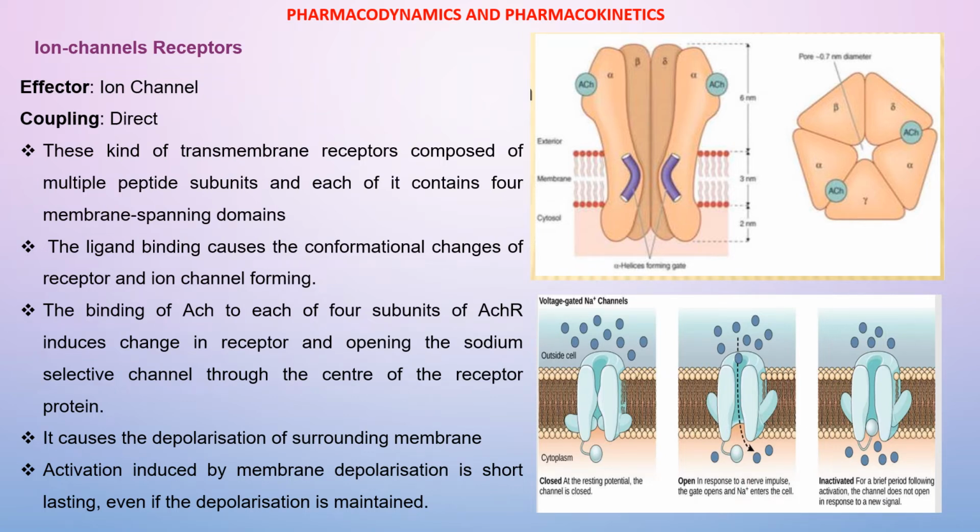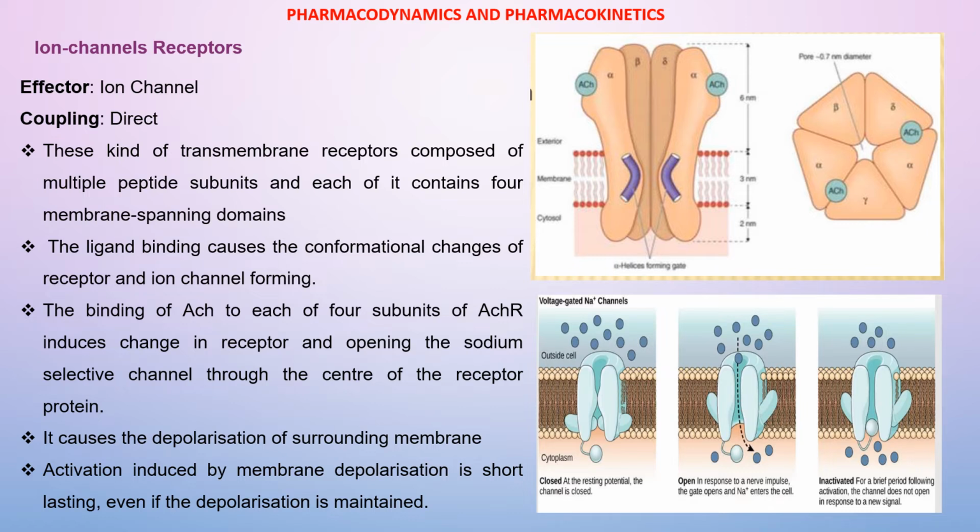Ion channel receptors are made of multiple peptide units, for example alpha, beta, delta, gamma, and each of these contains 4 membrane-spanning domains. Binding of the ligand, for example acetylcholine, to these domains brings about conformational changes leading to the opening of the ion pores.